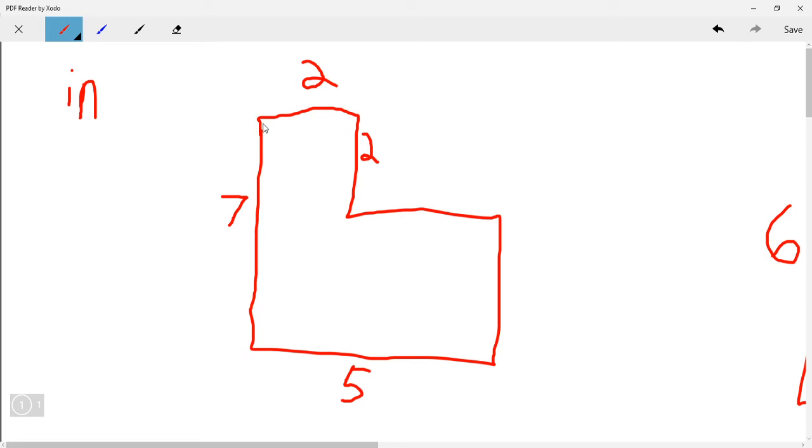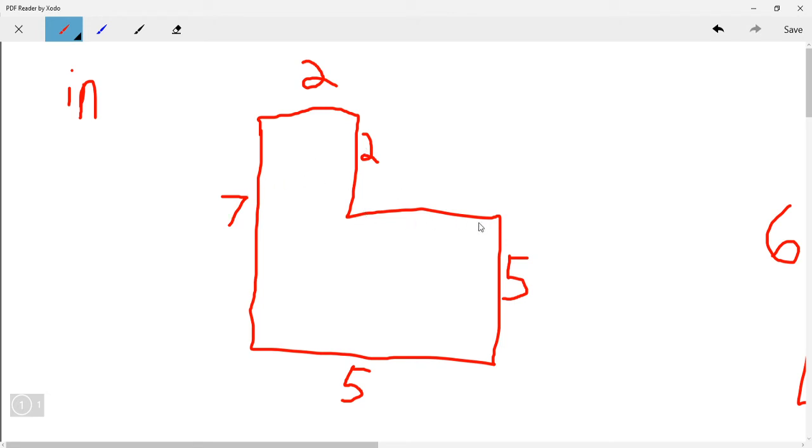So this is 7, and this is 2. So this line plus this line has to equal this line, right? They're the same height when you combine this line and this line. So if this is 7 and this is 2, this has to be the other piece of 7, which would then be 5, right? 5 plus 2 equals 7.